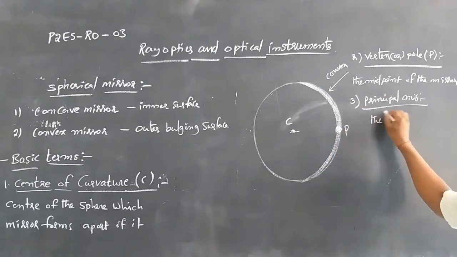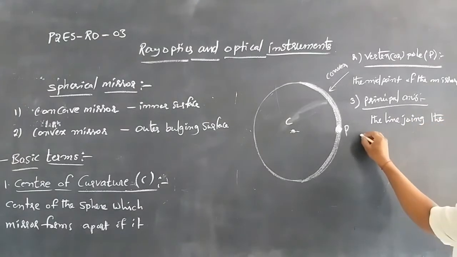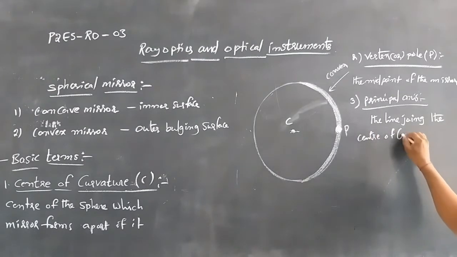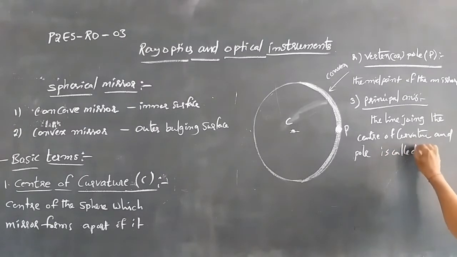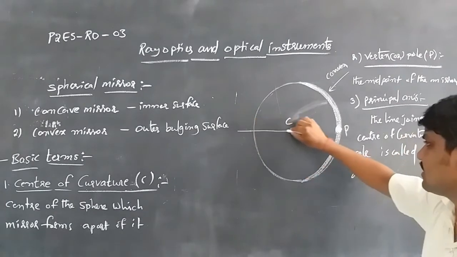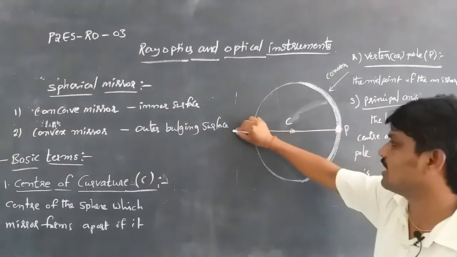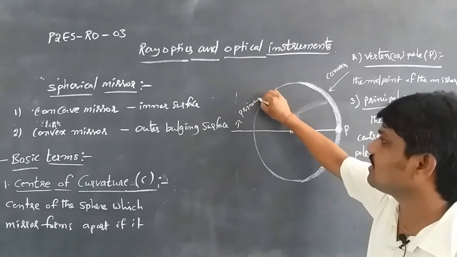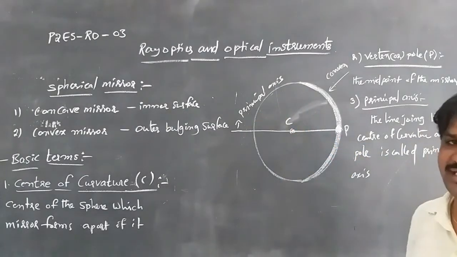The line joining the center of curvature and the pole is called the principal axis. Here is the principal axis.